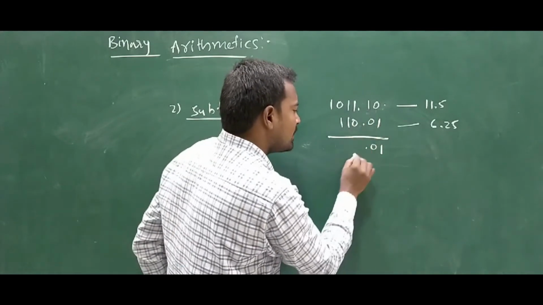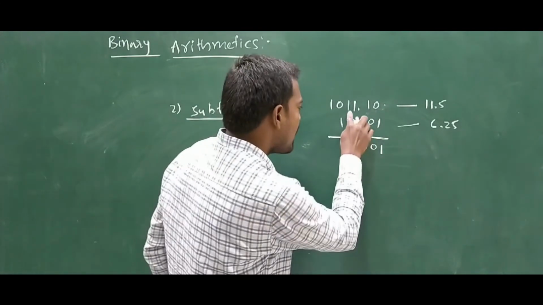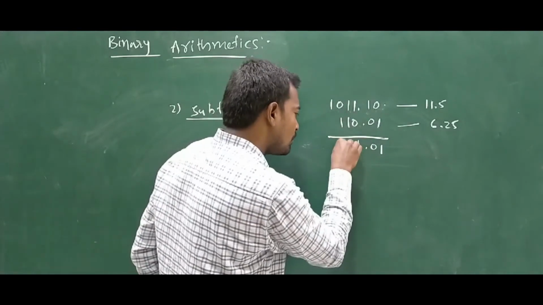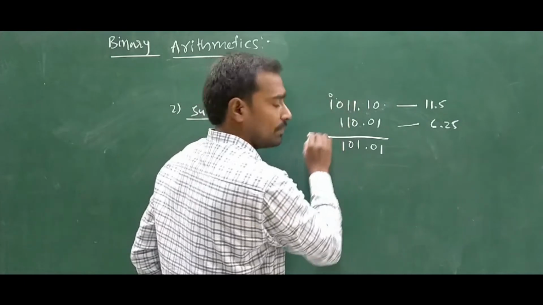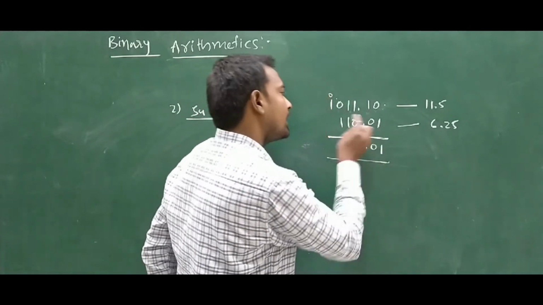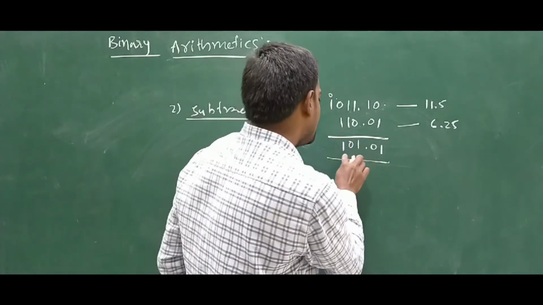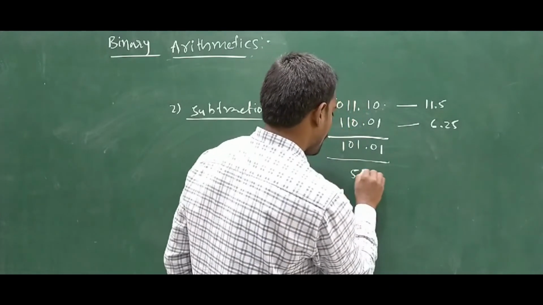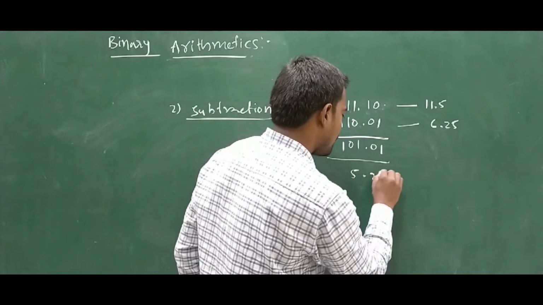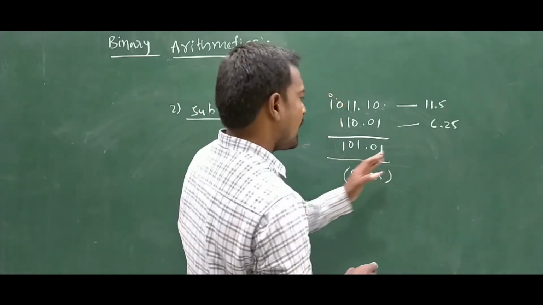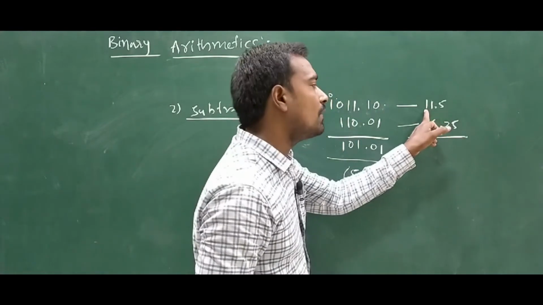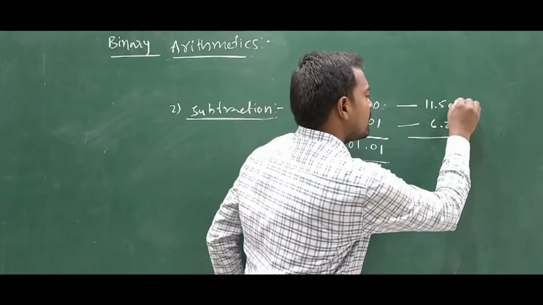After the point, 1 minus 0 is equal to 1, and 1 minus 1 is equal to 0, and 0 minus 1 is equal to 1, and this becomes 0. Okay, so here we are getting the value 4 and 1, that is equal to 5.25.